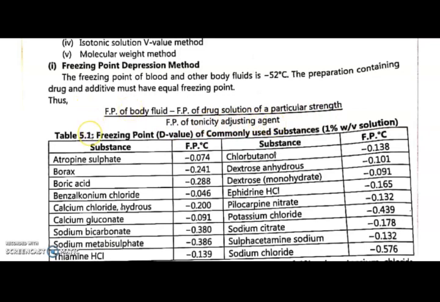The freezing point, that is the D value, of commonly used tonicity adjusting substances of their 1% weight by volume solutions, are given in this table.